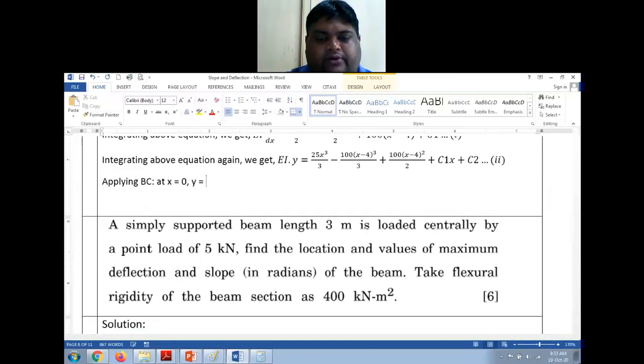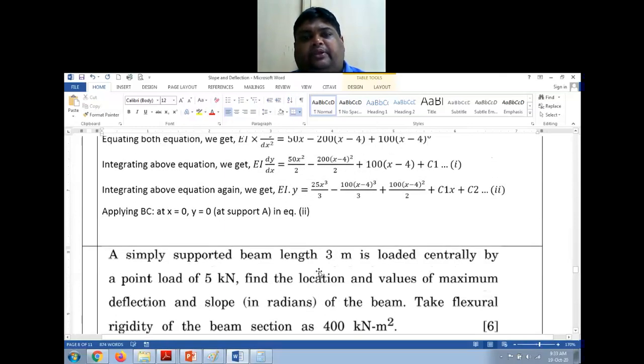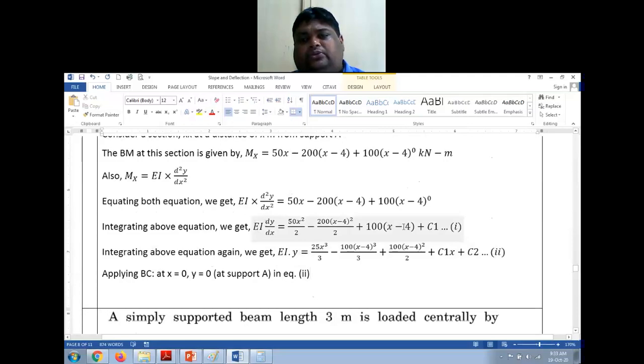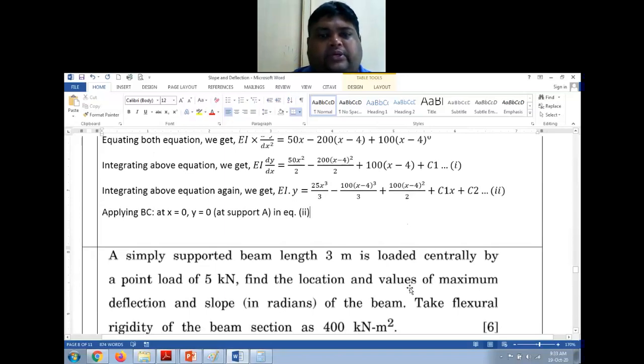Y will be equal to 0 at support A. In equation 2, always try to apply the boundary condition in equation 2 only for simply supported beam. For cantilever, we will also use equation 1. Okay, so here we'll be using only equation number 2. That is the final equation that we get.